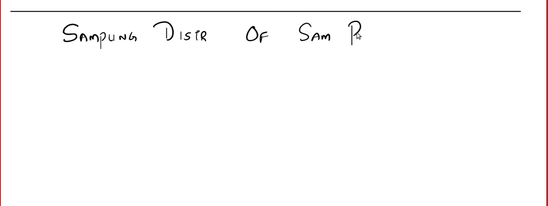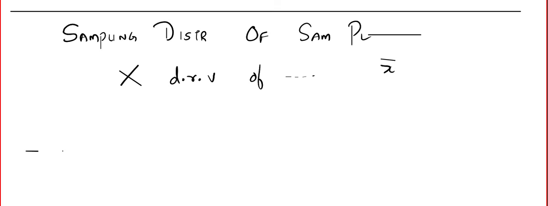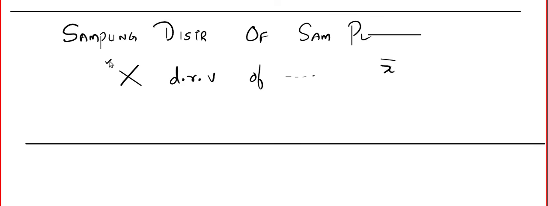So suppose they ask for the sampling distribution of the sample mean. What you do is, first of all, write: let capital X be the discrete random variable of possible sample means. That means I am taking capital X to be the possible values of sample means.